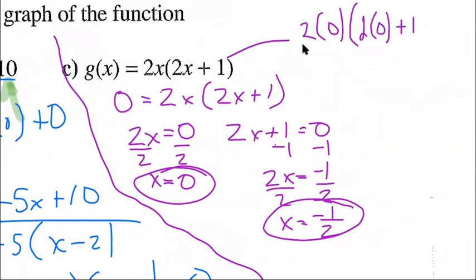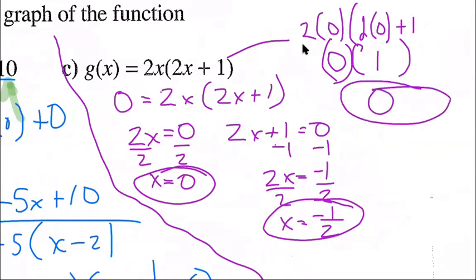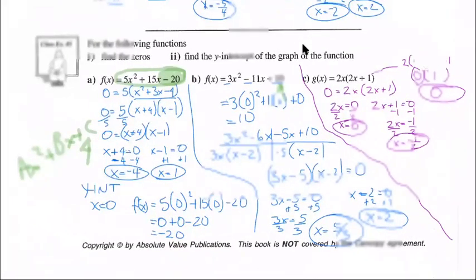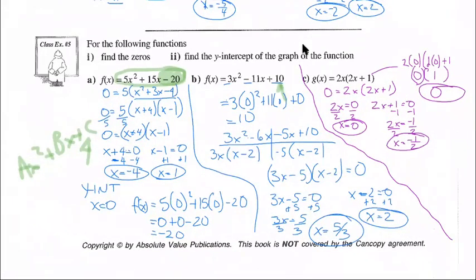Well, 2 times 0 is 0. 0 times whatever this is 0. Oh, that's plus 1. This is a plus 1. So this is 0 overall. There's your y-intercept. Hopefully that made sense, but it's a quick review of doing some factoring work as well.